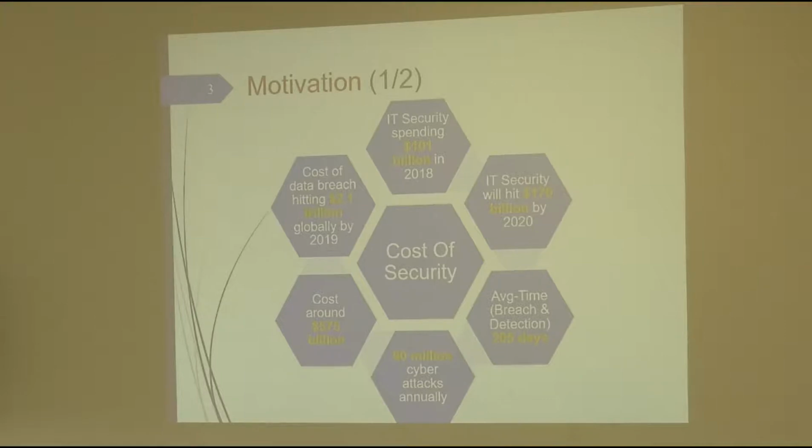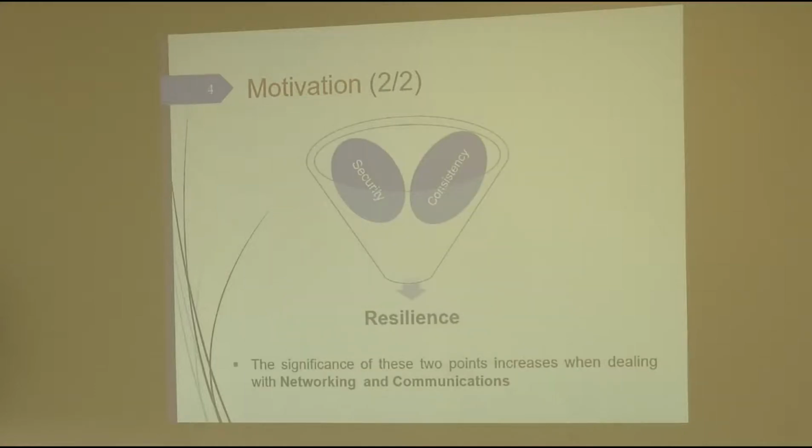And finally, the cost of data breaches is hitting $2.1 trillion globally by 2019. So we can see that money is being spent on security, but still it's not efficient. So maybe it's not being spent wisely, or security alone is not enough. That is why we are proposing to integrate security with consistency in order to reach a resilient network.